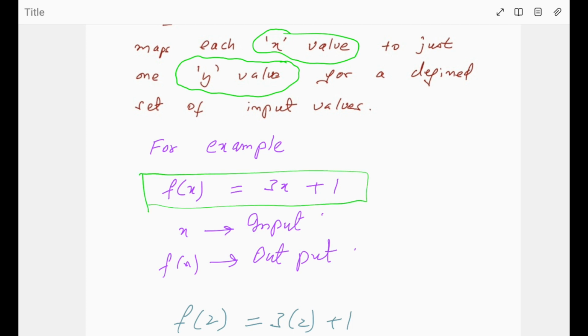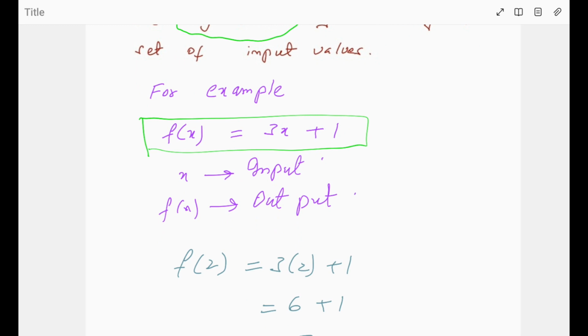f(x) = 3x + 1 is a function in which x is input and f(x) is output. You can plug any value in place of x to get the y value or f(x) value. For example, I'm plugging x = 2 into the function.